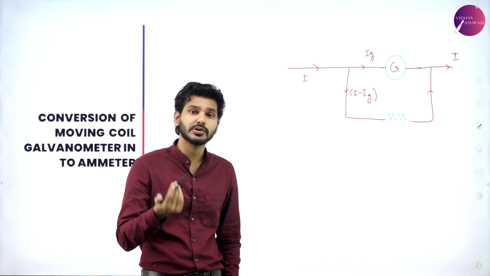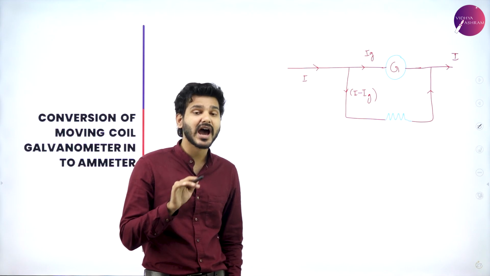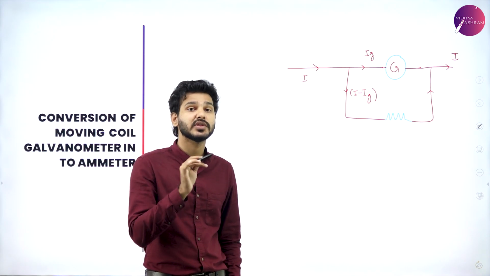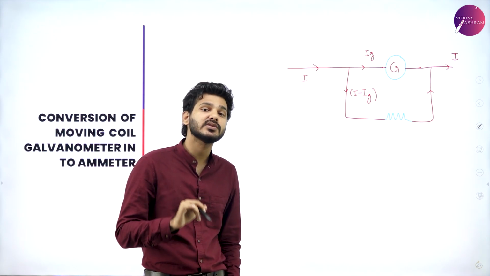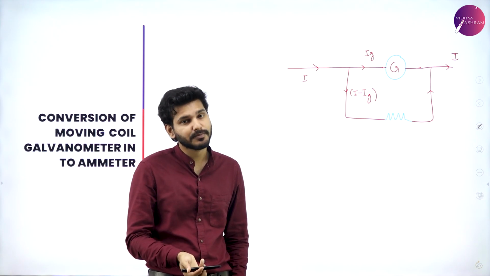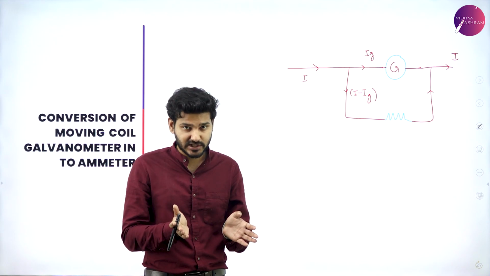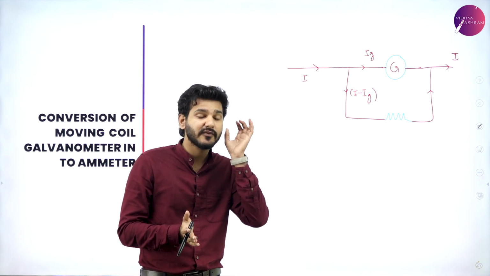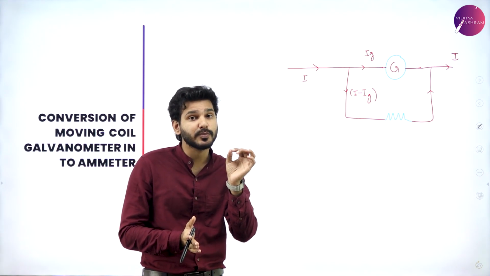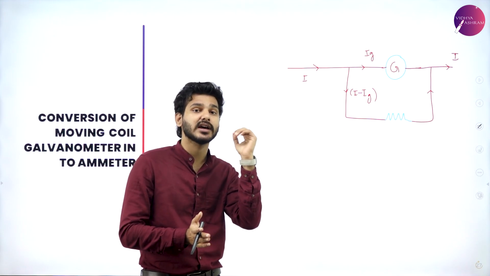So what we are going to do is introduce a higher amount of resistance to the galvanometer and a least resistance path parallel to that, so that the current splits up in such a manner that the galvanometer will still read the magnitude of the entire current.